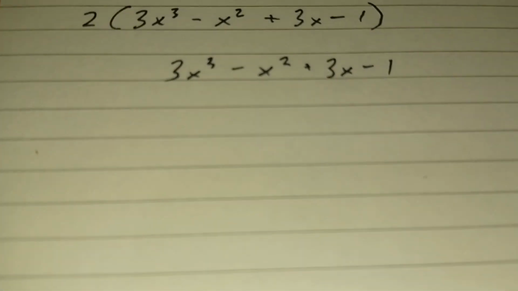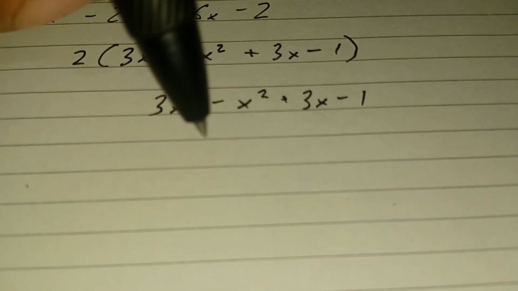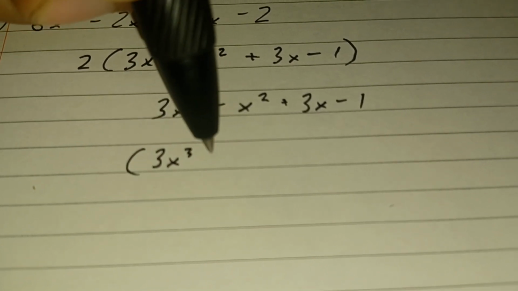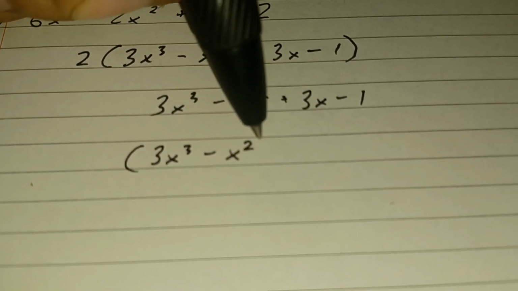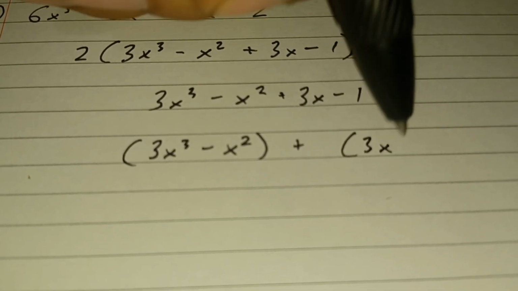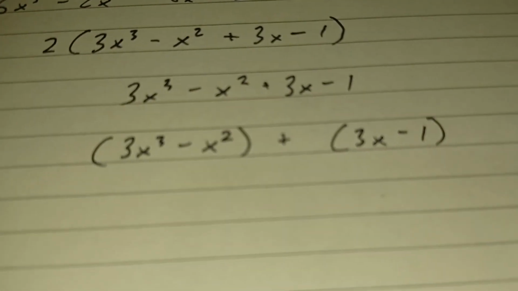Now we'll focus on this one. Again, using the grouping method, we group 3x cubed minus x squared and plus 3x minus 1, like that.